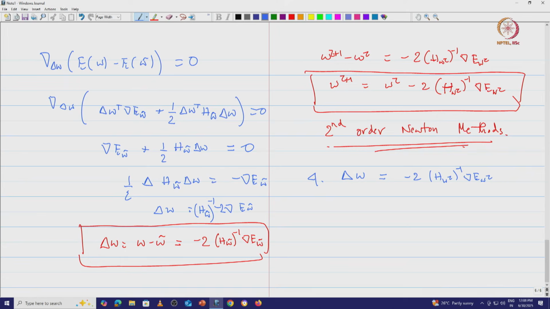You would have come across many packages wherein you would have come across something called the BFGS algorithm. BFGS is an example of a Newton method, except with one difference: the Hessian calculated here is very computationally expensive, and therefore they also approximate the Hessian.